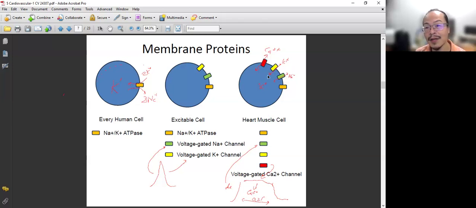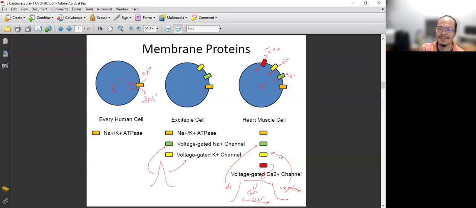So it will bring positive charge ions out of the cell, and it will make the membrane potential negative again. So this is repolarization, and this is contributed by the voltage-gated potassium channel. So that's that.